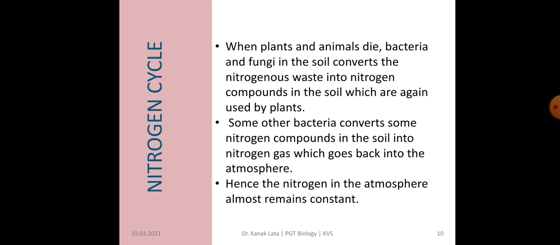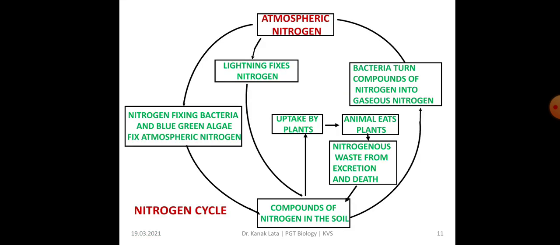In higher classes you will read in detail about the nitrogen cycle and the different processes taking place in it. Here it is the nitrogen cycle. You can see here that lightning fixes atmospheric nitrogen, and compounds of nitrogen reach the soil, and again the compounds of nitrogen are converted by bacteria into gaseous nitrogen, and it goes into the atmosphere.